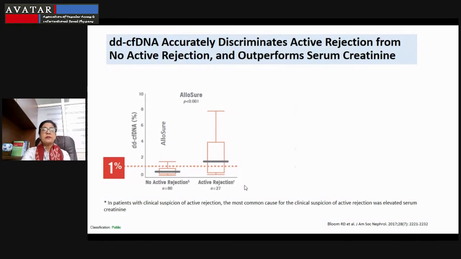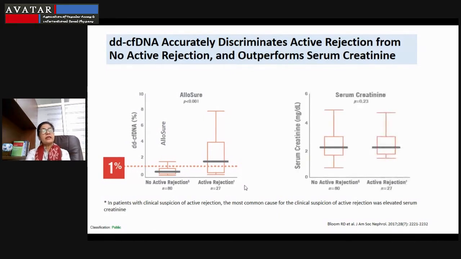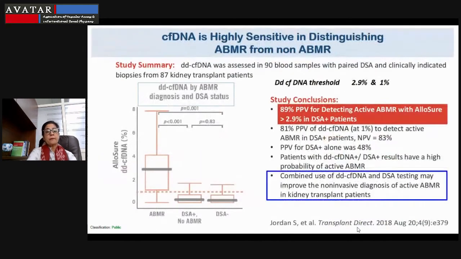When looking at the ability of the test to discriminate no active rejection from active rejection, the donor-derived cell-free DNA was way above 1% in those who had active rejection features as compared to the no active rejection features. When they looked at the similar group with no active rejection versus active rejection with serum creatinine, there was hardly any difference which was noted between the two groups.